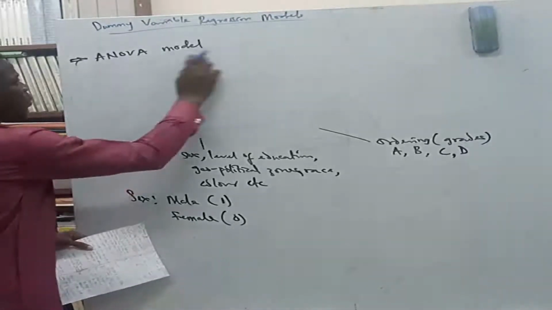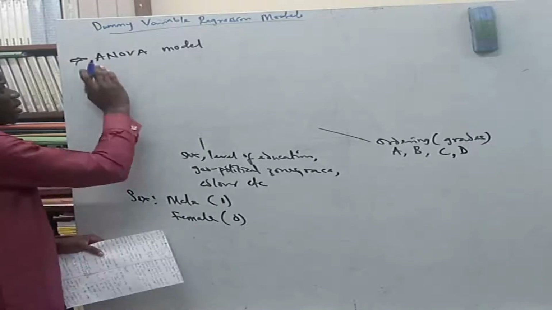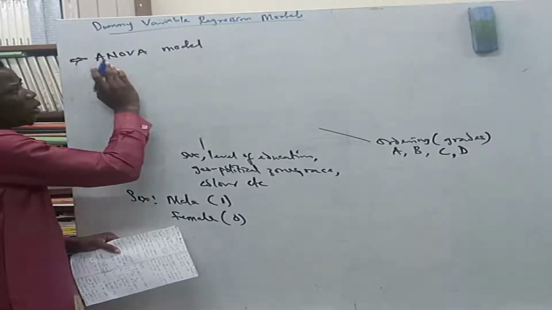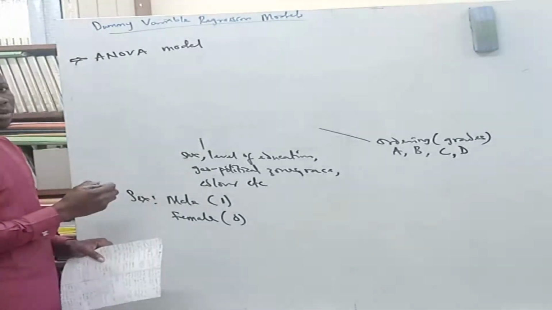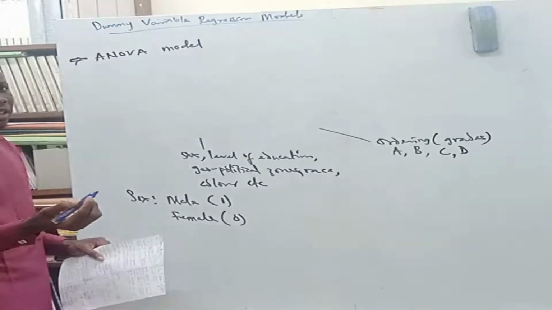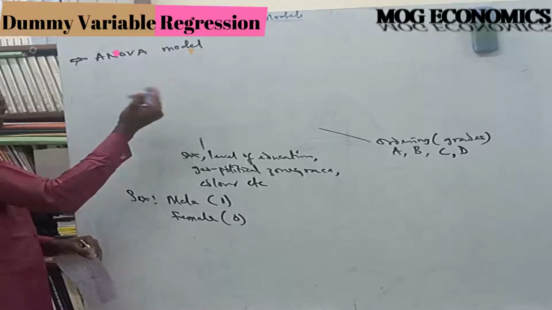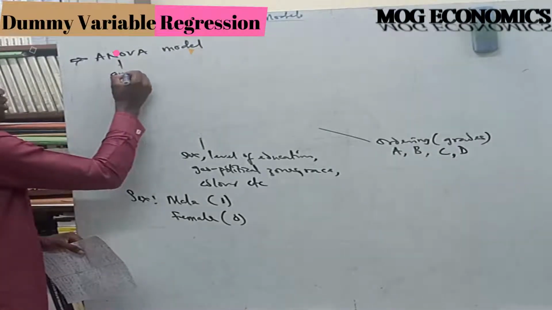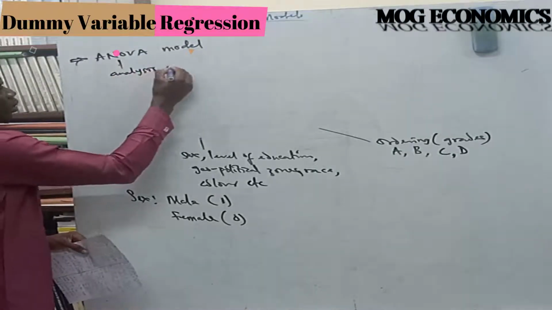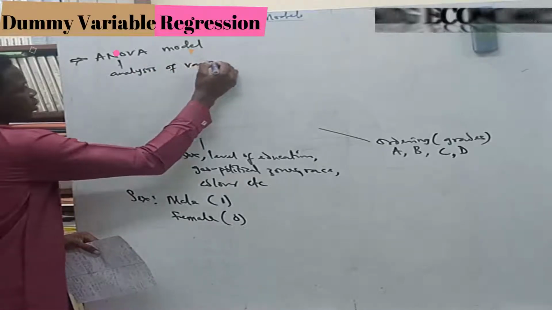So we can have a situation where all the explanatory variables are dummies. In that case, you call it the ANOVA model. And what's ANOVA? ANOVA is analysis of variance.